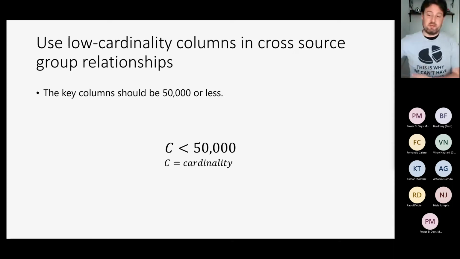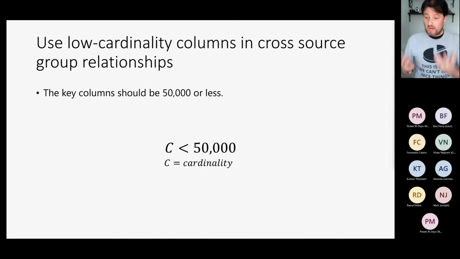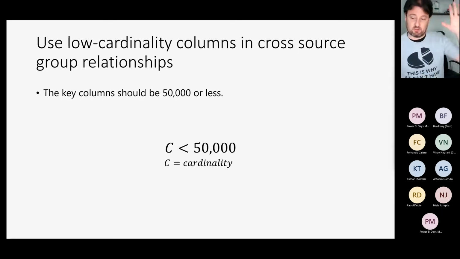So if you have a big customer list that you want to relate to a fact table where customers bought products, and that customer list is above 50,000 unique customers, then this relationship will suffer in performance. The reason is very simple. When we create this relationship across source groups, we add a where clause. Let's imagine there's a SQL source on the other side with a large fact table.